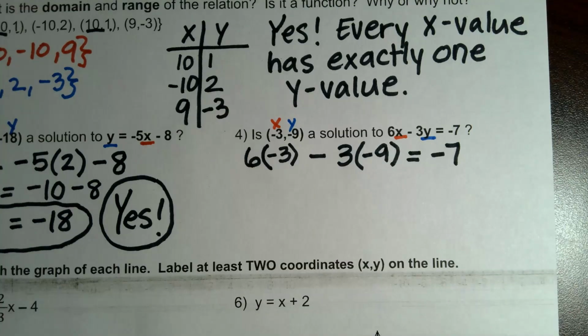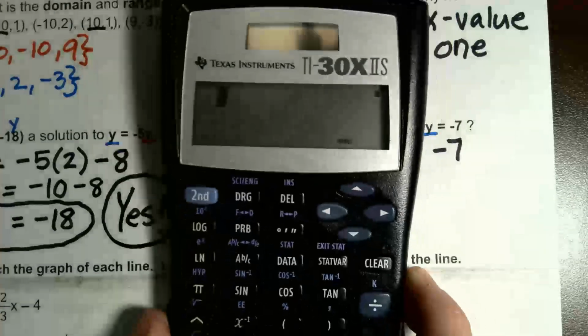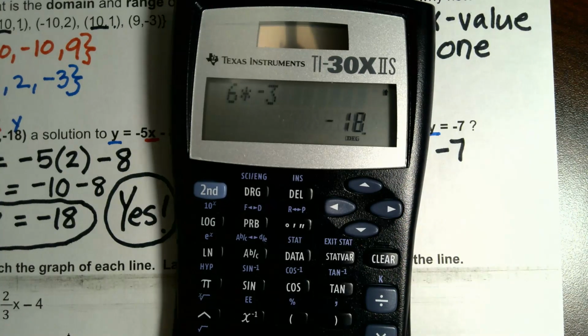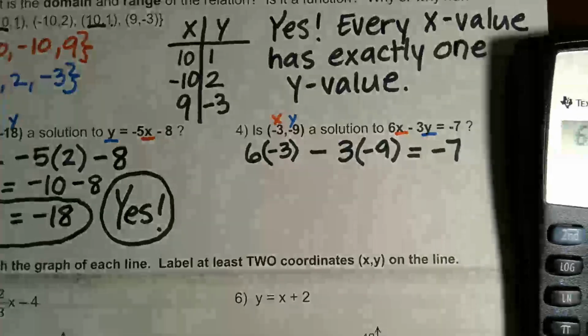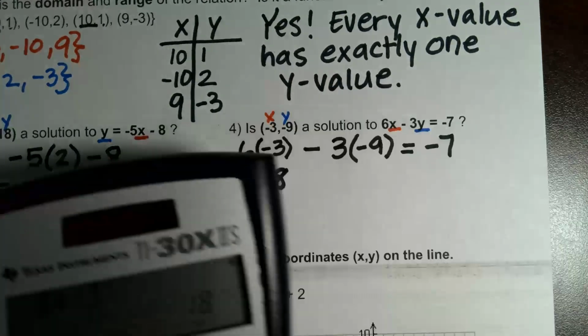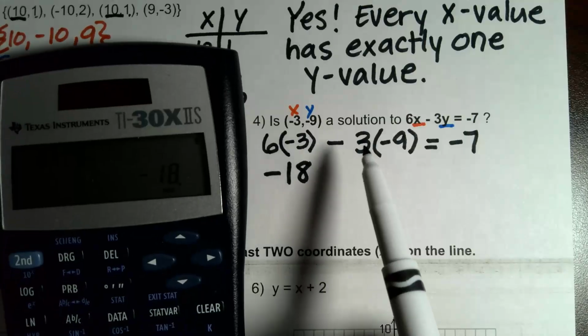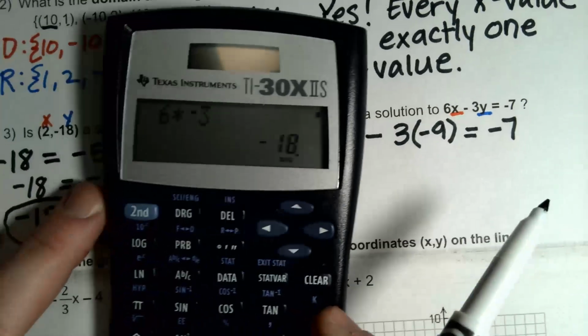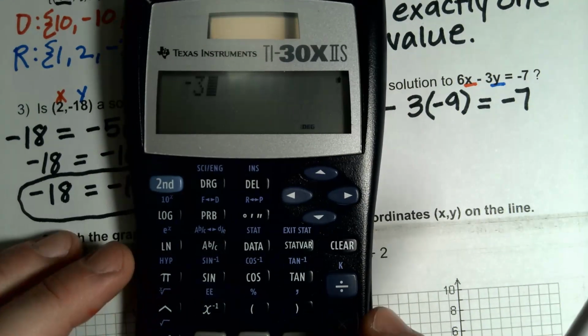What do we need to do to solve this? Let's do 6 times negative 3 first. What is that going to give us? 6 times negative 3 equals negative 18. So I'm going to write that below. And then you're going to do negative 3 times negative 9. Yes, negative 3 times negative 9. So, plus 27.